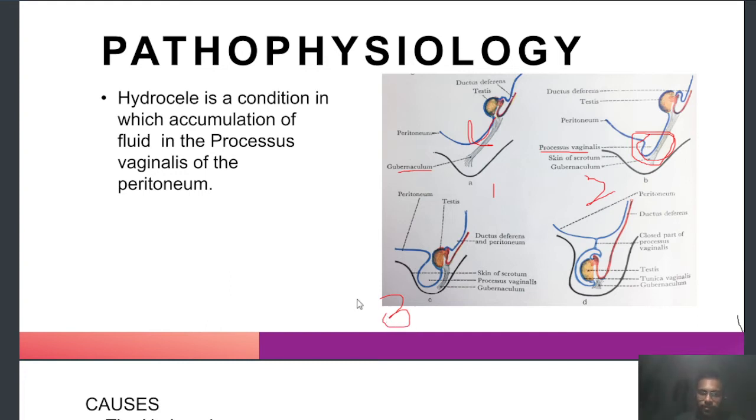And what happens in this is that, as you guys can see, the fold has grown too big with this little connection right here, and this is now the processus vaginalis in stage 3 of what happened at the last stage. And due to this constant pushing and pulling, this is the same peritoneal cavity that was here.